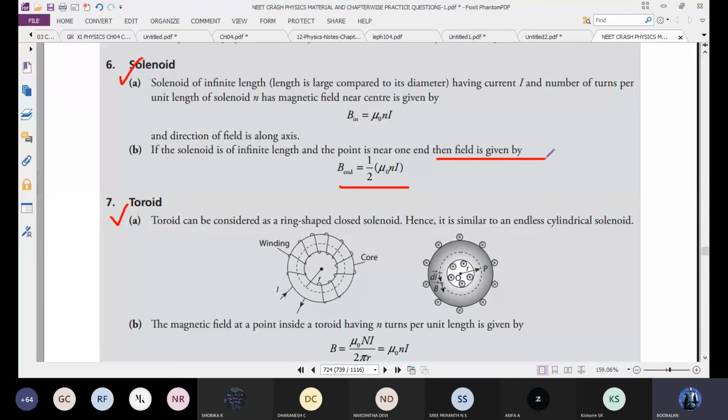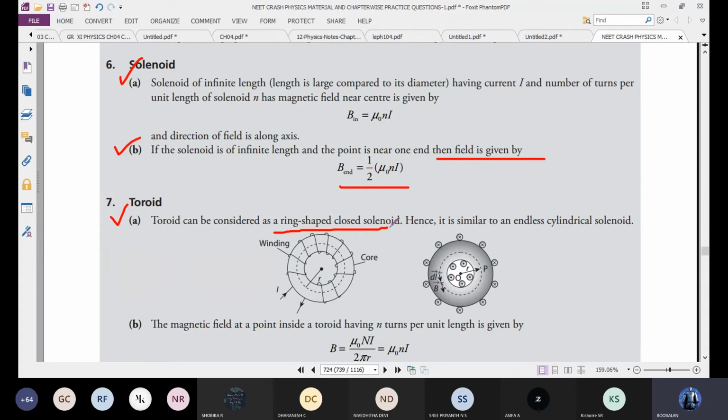So toroid can be considered as a ring shaped closed solenoid. It is also a solenoid but in the ring shape. And it is similar to an endless cylindrical solenoid.